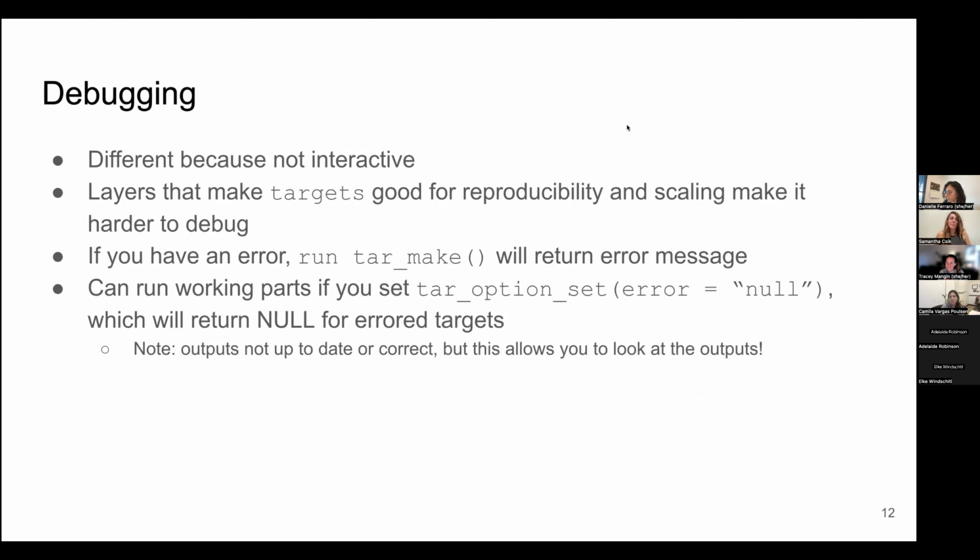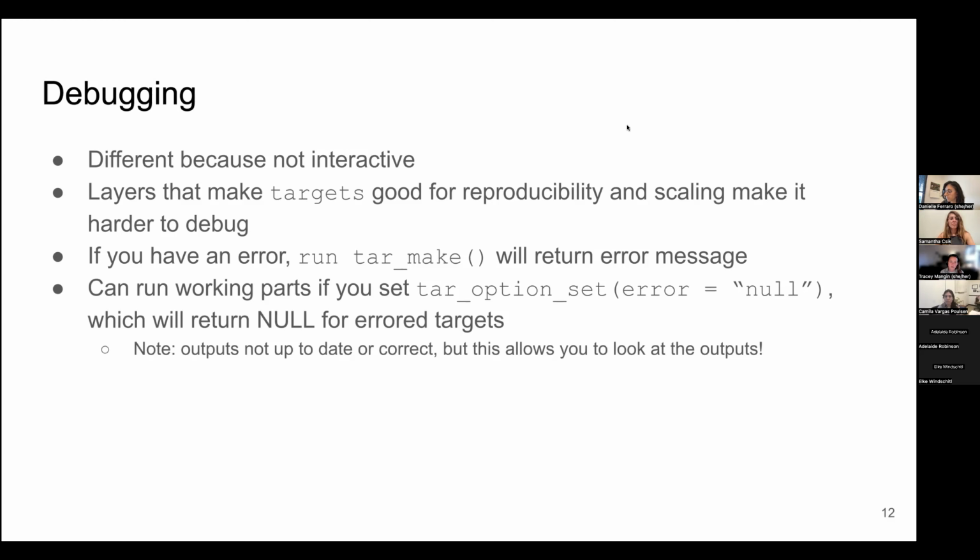So that I think is the trickiest part. If you have an error, when you run tar_make, it will return an error message. These messages, I found, sometimes are informative and can help you quickly find where the error is in your functions or your pipeline. But sometimes it's not as obvious.